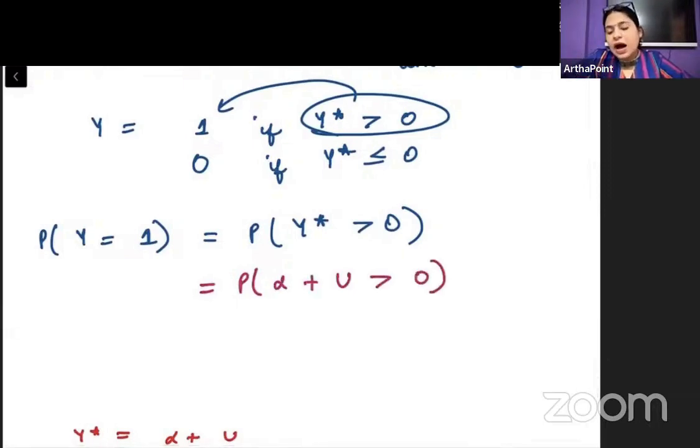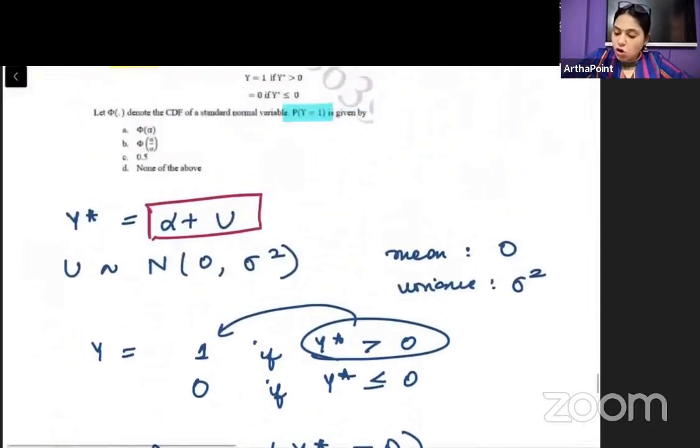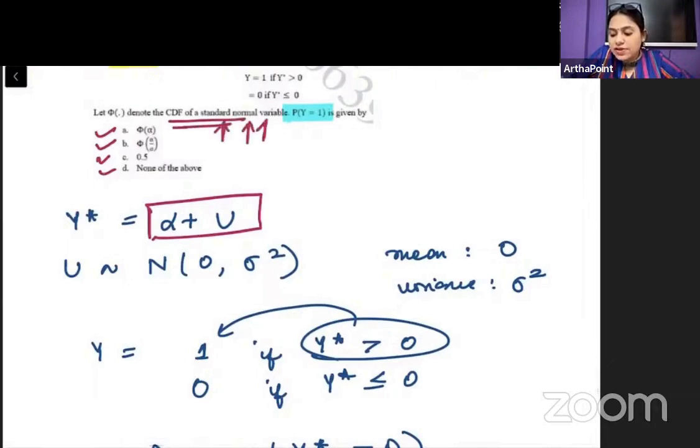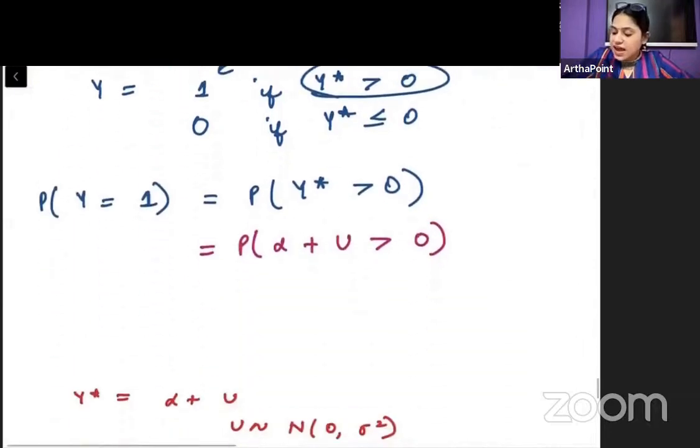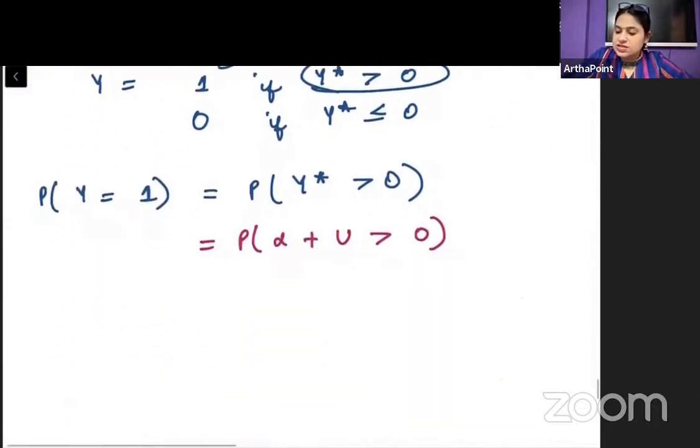Right. Now look into the options. The options that are given to you, they are in terms of CDF of standard normal variable. It means I need to convert this in a standard normal variable format, right?